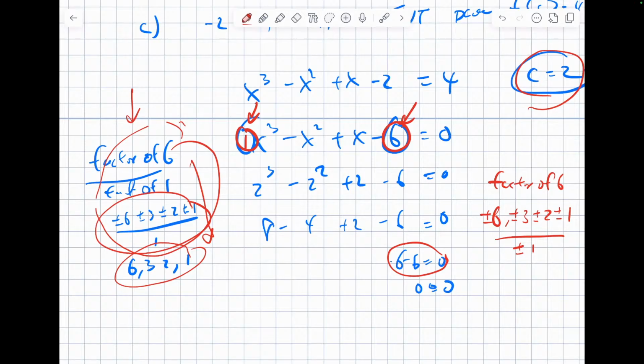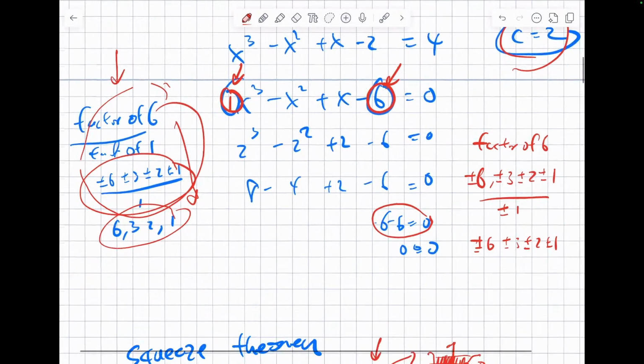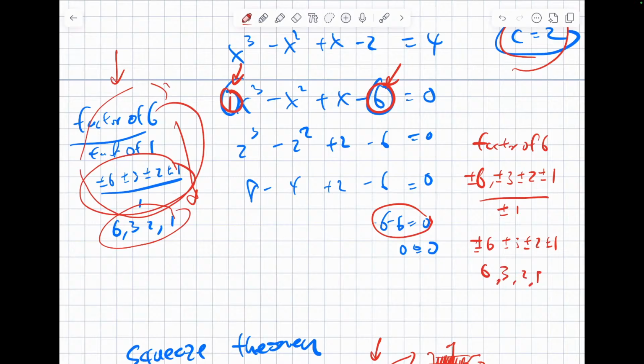If you divide them by each other, it's going to be plus or minus 6, plus or minus 3, plus or minus 2, plus or minus 1. That means your zero could be any of those possible values. We don't need a negative number, so it's 6, 3, 2, 1. Last year you would try those numbers using synthetic division, but this year you can also just plug in. Plug in 2, it gives you 0, so 2 is the only choice.